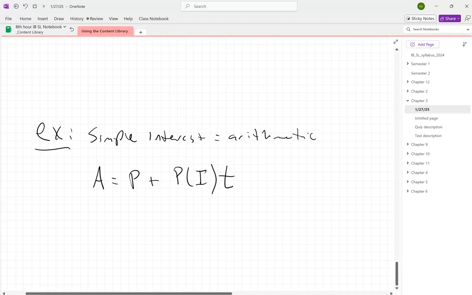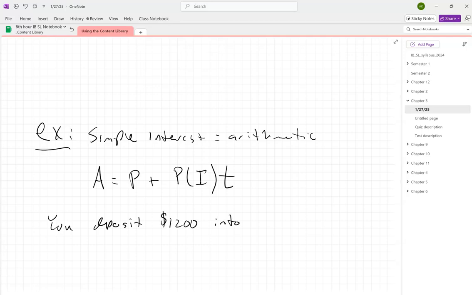So for example, let's say you deposit $1,200 into an account with 5% simple interest paid annually.